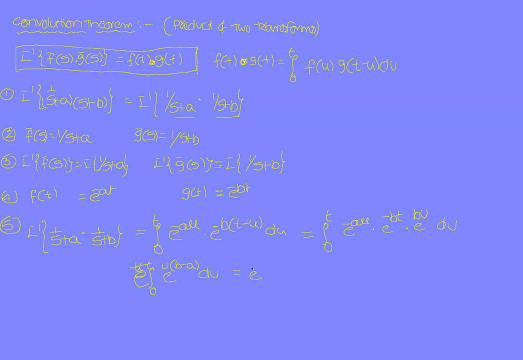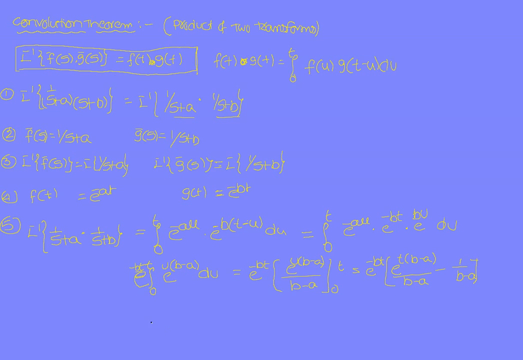So that is nothing but e power minus bt into the integration, which is e power u into b minus a, by b minus a, between the limits 0 to t. So e power minus bt into, now you substitute u equal to t, therefore e power t into b minus a by b minus a, minus, if you substitute 0 in place of u, e power 0 is 1, so 1 by b minus a.